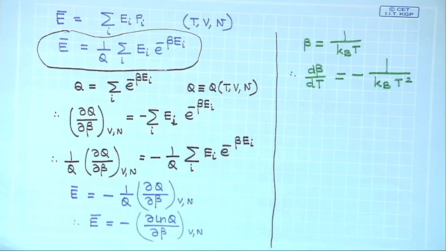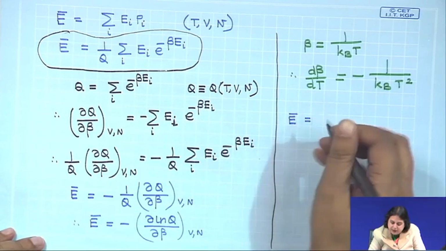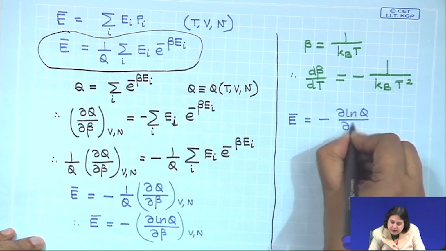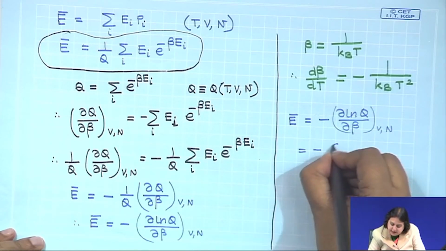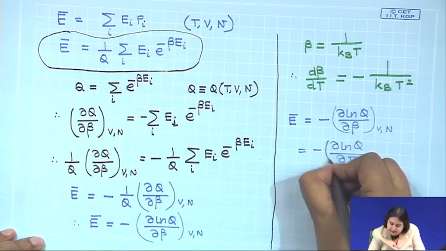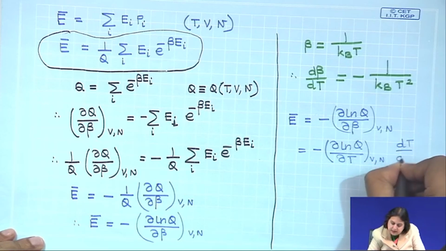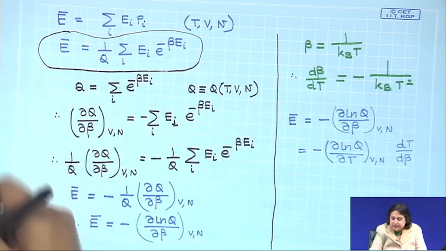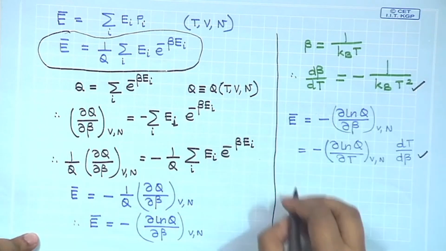Now, can I write down what E bar is in terms of taking a derivative with respect to temperature? I know that E bar is minus del ln Q del beta, keeping V and N constant, and this I am going to write as del ln Q del T, keeping V and N constant, into dT d beta. Therefore, if I just check this expression and this expression and combine them, what do I get?